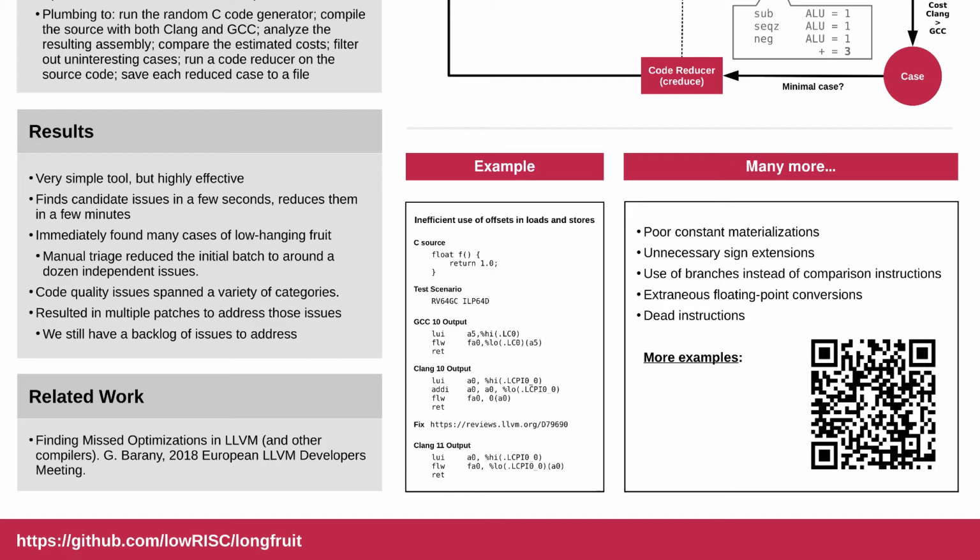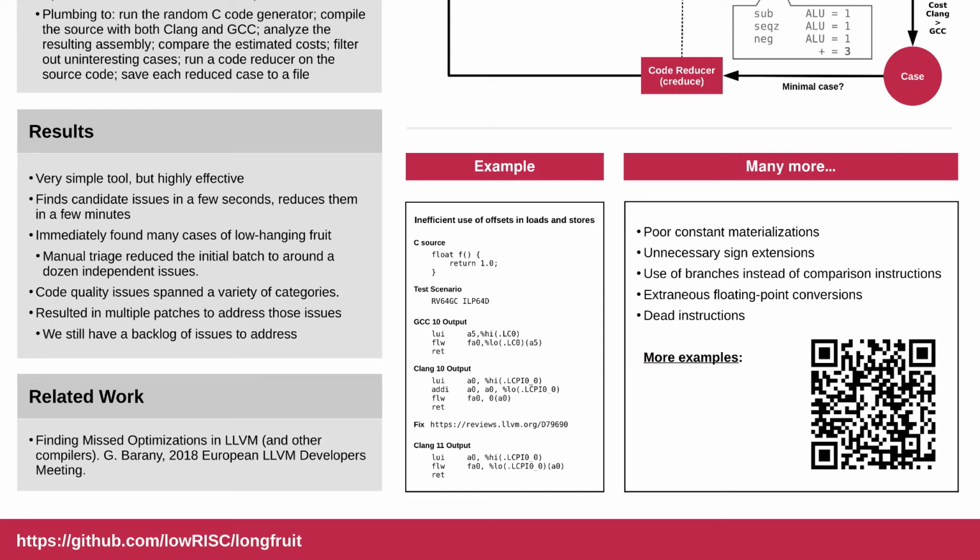It took less than a day's work to get a basic version of the tool working, but that was enough to immediately identify a lot of issues. With a few more days' work, improving the tool and triaging the saved cases, we detected code quality issues that span multiple categories. For example, using too many instructions to materialize constants, having unnecessary sign extensions, or using branches when we could use comparison instructions.